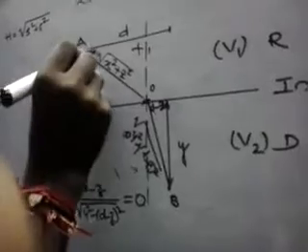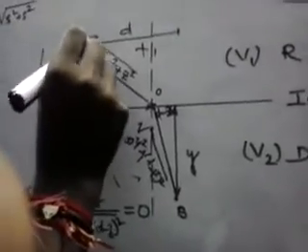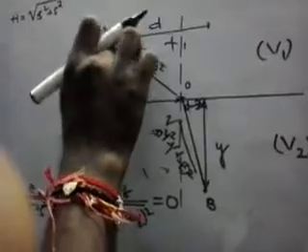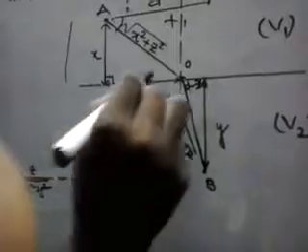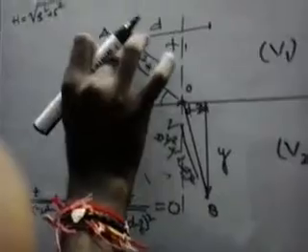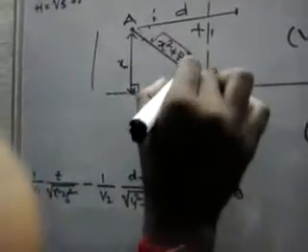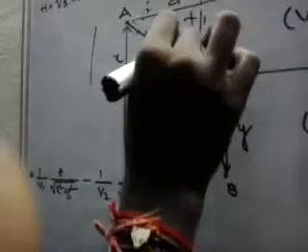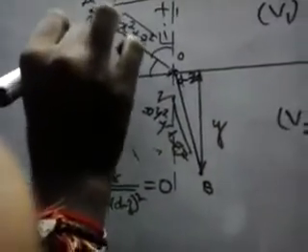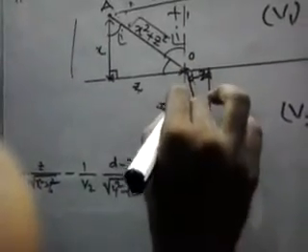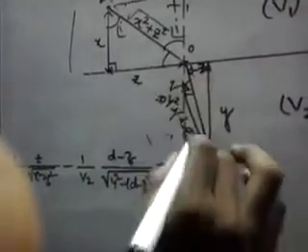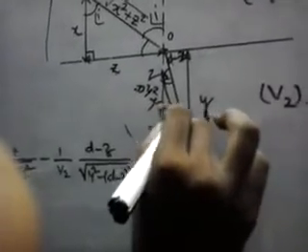This is the normal, and this angle is what we call the angle of incidence, theta 1, or I can say it as I. Then obviously if this angle is I, then this angle is also the angle of incidence, alternate angles. And this angle is what we call the angle of refraction. That's why this angle is also the angle of refraction, alternate angles.